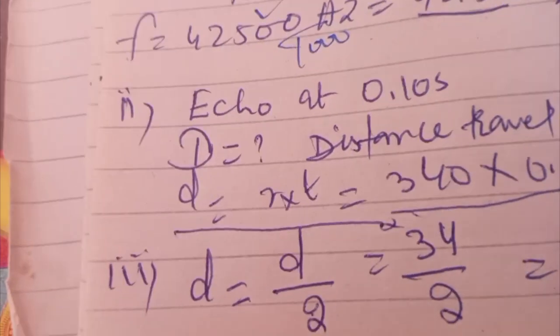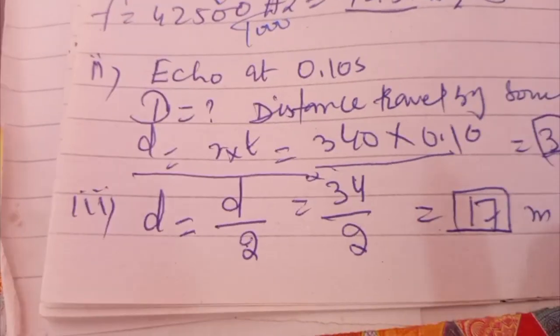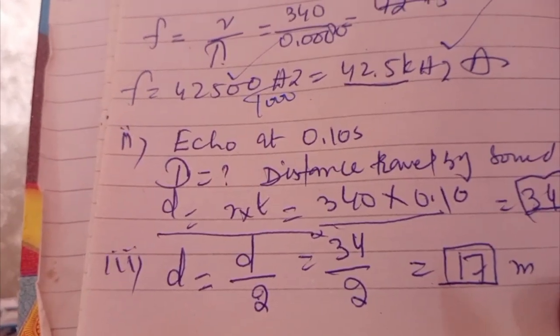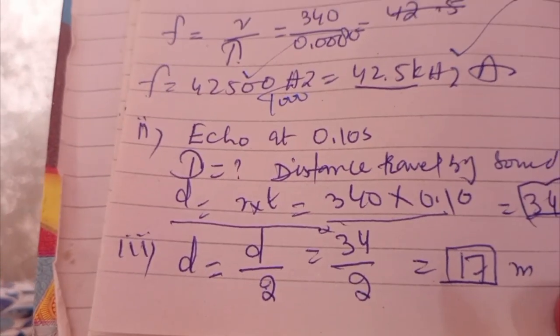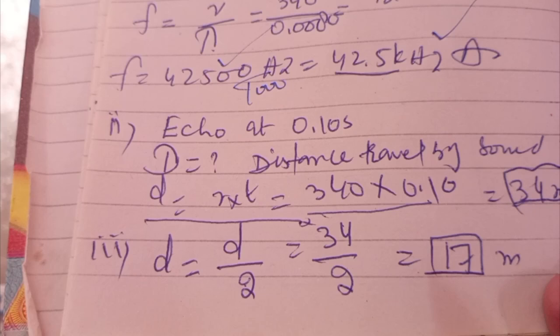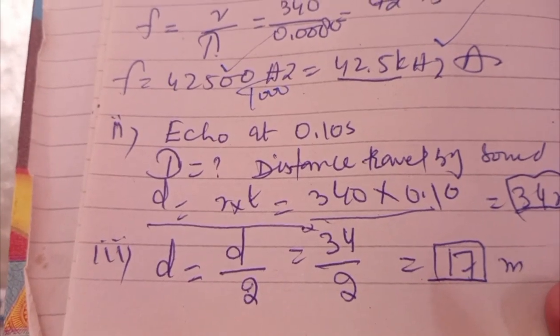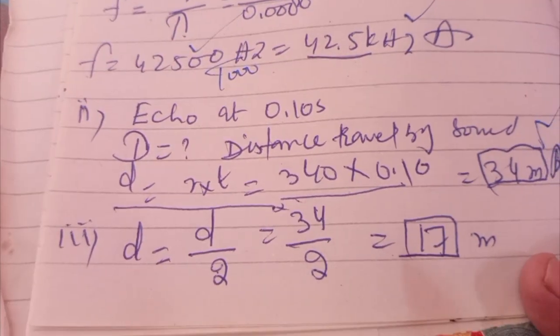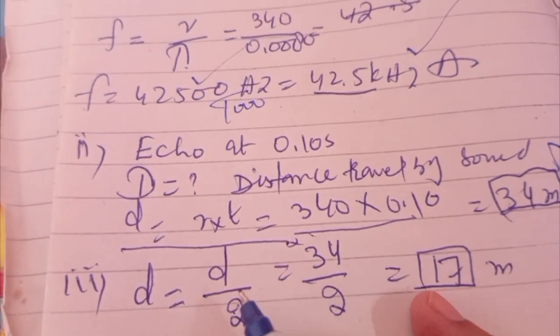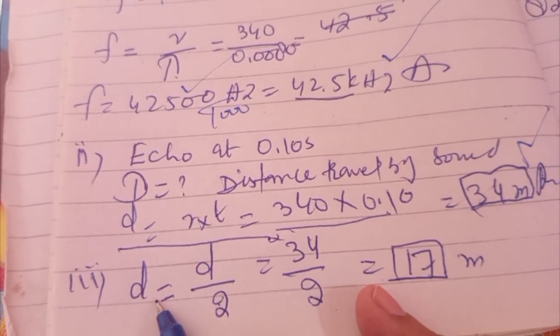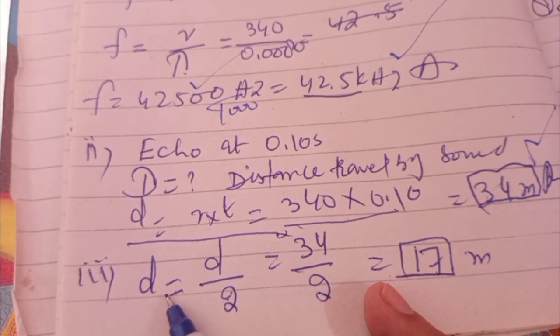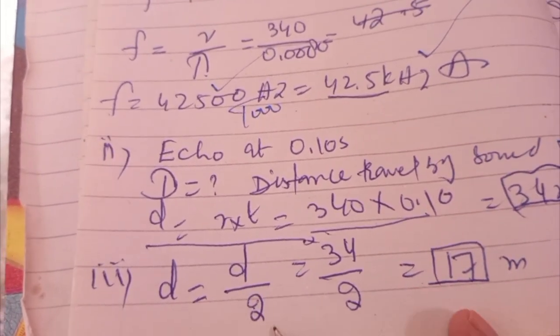In this way, the second part answer is 34 meters, and the first answer is 42.5 kilohertz or 42,500 hertz. Now I will move towards part number 3, that is distance. You have to find it with the help of the same given speed of the sound, 340, and the formula is d equals v t upon 2.